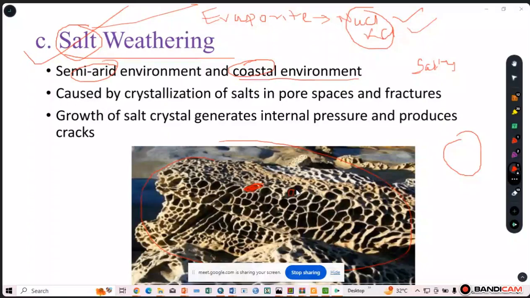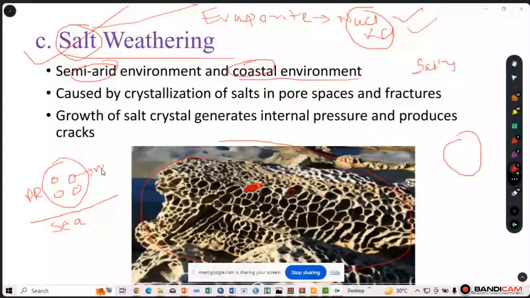Can you understand? Suppose this is a rock and this is the sea or ocean. When ocean water comes in contact with the pre-existing rock, the pore spaces are filled with seawater, and the water evaporates.